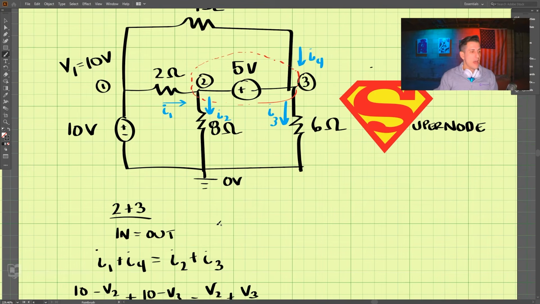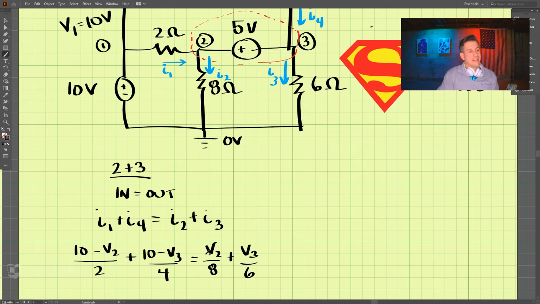And there we have a way to do KCL with a voltage source right here. To finish this up, we have one equation and two unknowns.